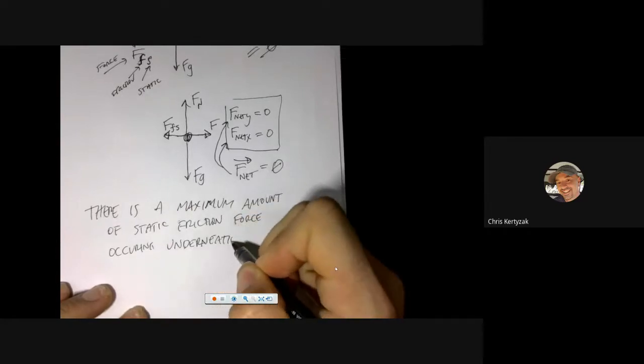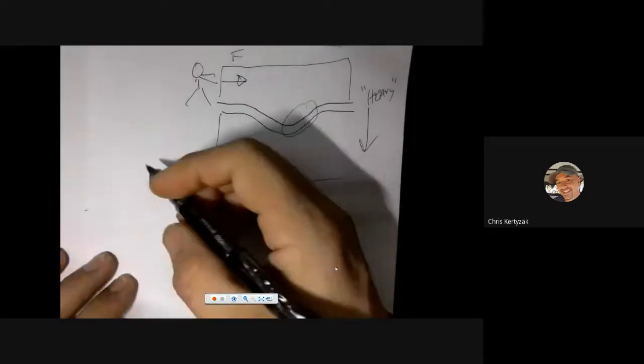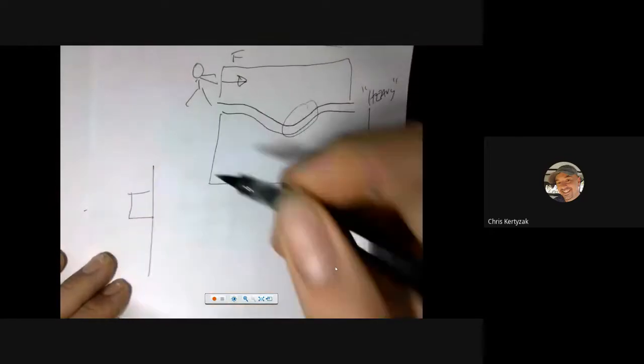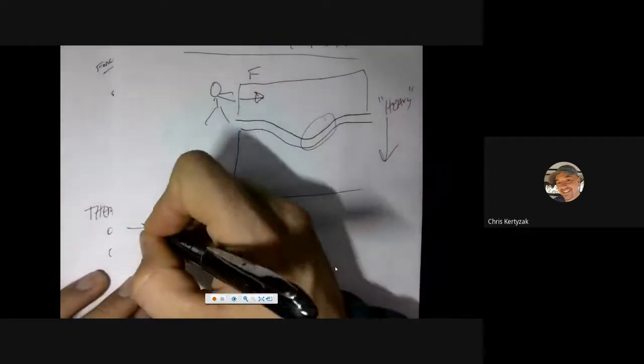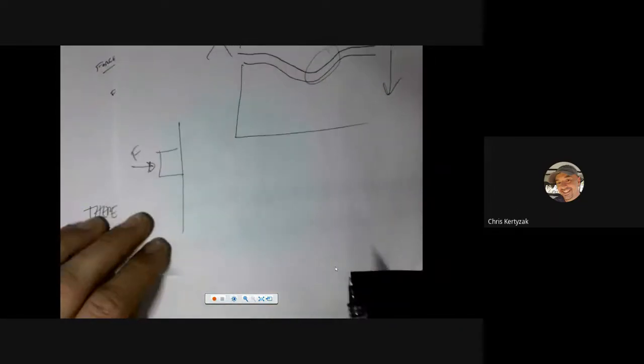I mean, it doesn't have to be underneath. Most things in a normal world are standing upright, and usually you'd be referring to the area underneath. Technically, they could give you a wall problem where the block is being pressed against the wall, and they do sometimes. And they say, you're pressing this block against the wall and it's not moving.